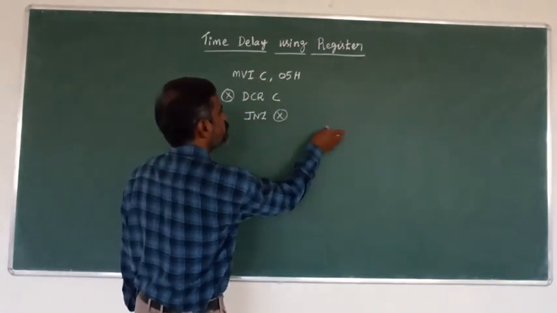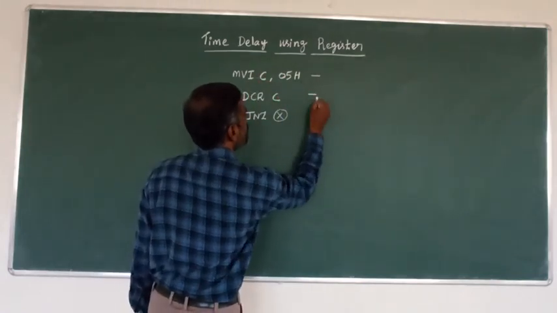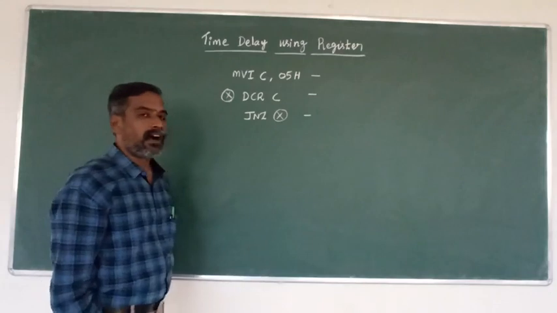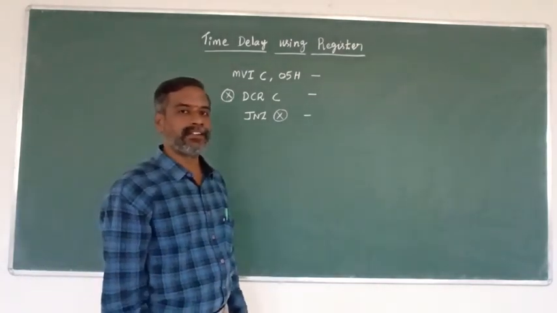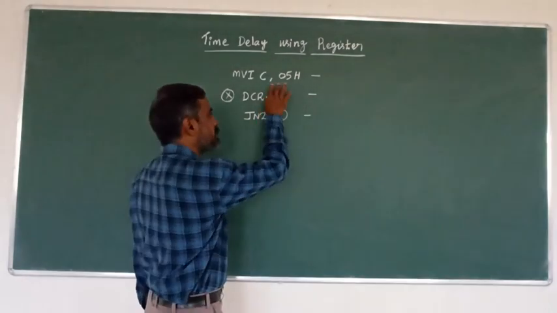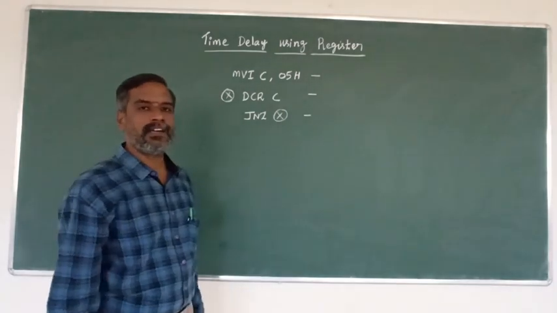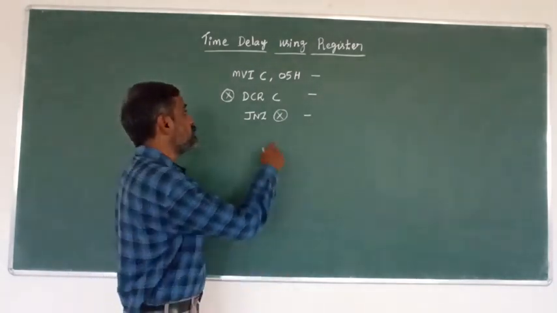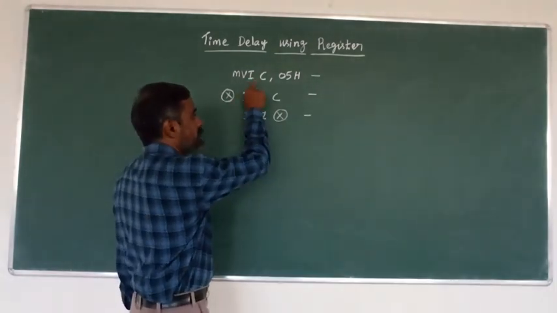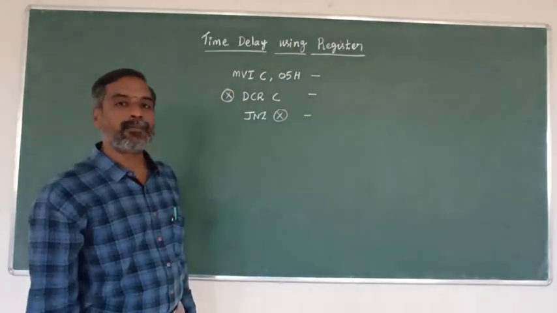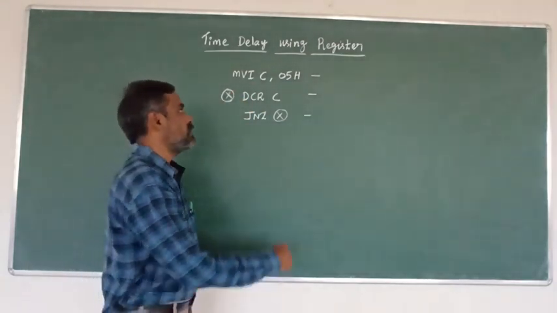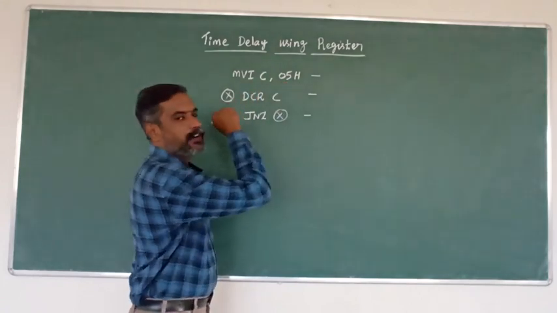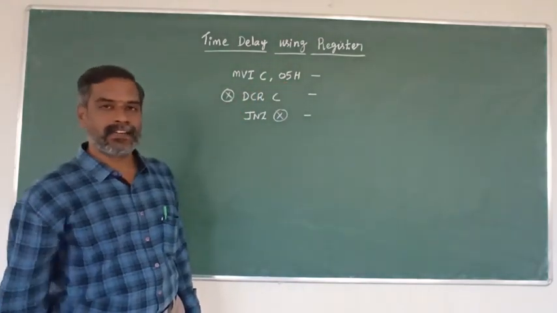MVI C, 05. How many T states are required? This is a 2-byte instruction. The first byte is the opcode, and the second byte is the 8-bit data.